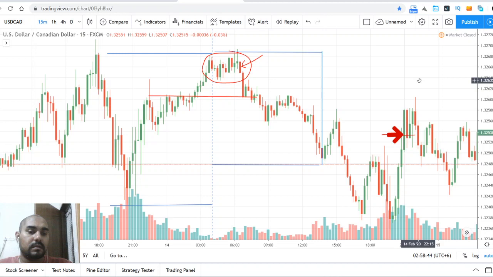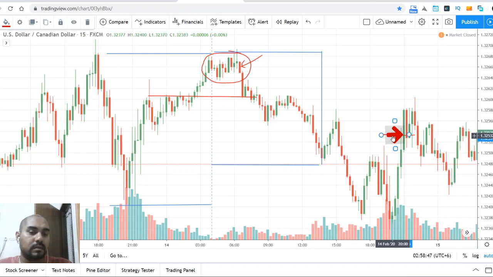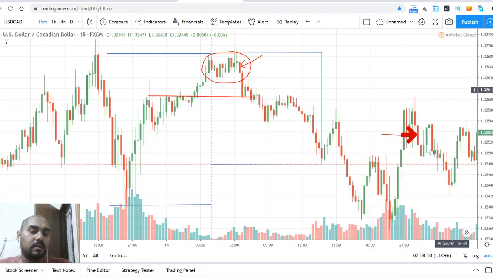Okay, actually here. So I entered on this candle. Okay, so this is actually too soon. Yep, too soon. Wait, did I hit buy or sell? Oh, I hit sell. Red L. I hit sell, so you know what?